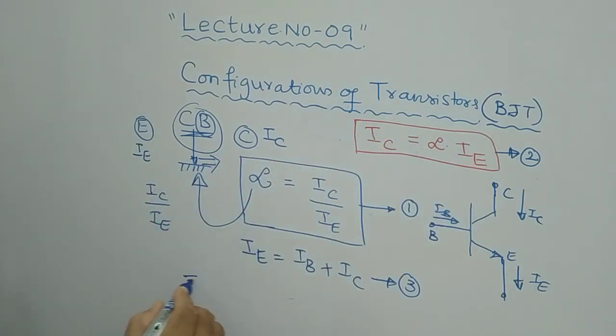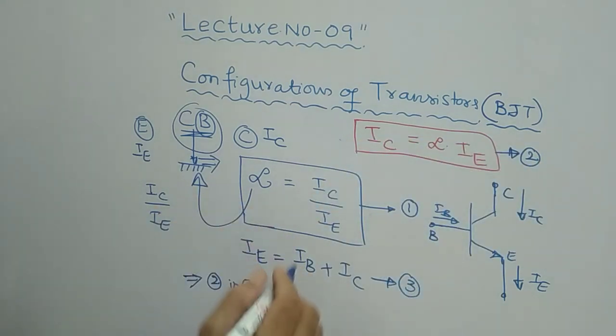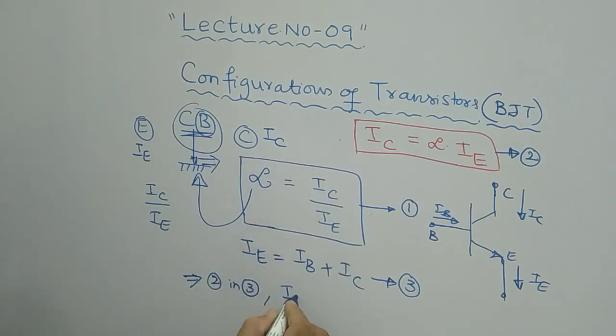Substituting the IC value in the emitter current equation, you have IB, plus IC, which is alpha times IE.